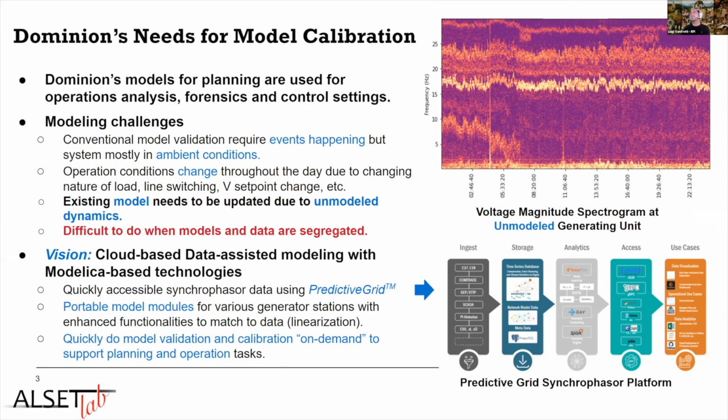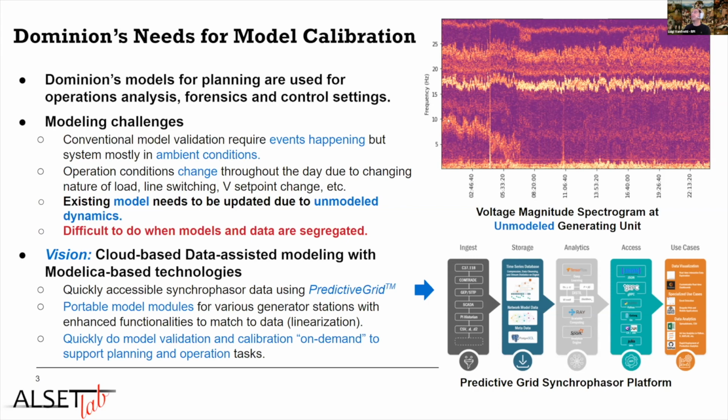But really, the challenge is that in most cases, to validate a model, it requires that an event happens in the grid, while the system is mostly in ambient conditions. Here you can see a spectrogram of 24 hours of data for one of the power plants that we're analyzing.